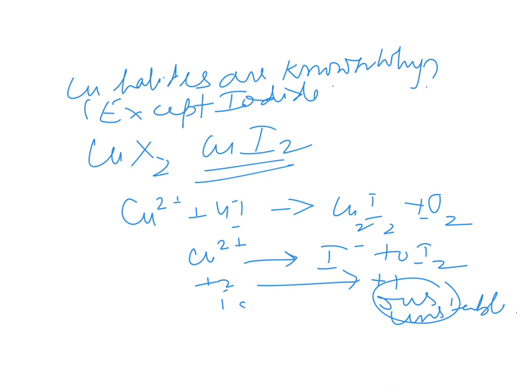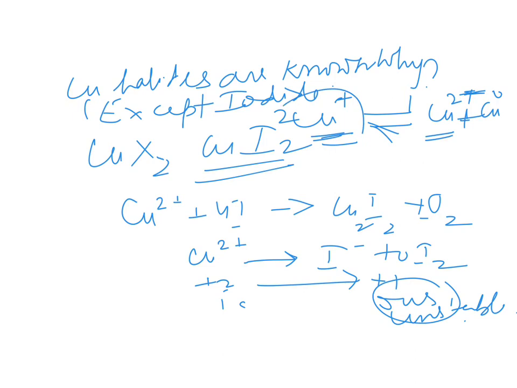Copper, that is, Cu plus is unstable. Why? Because it undergoes a disproportionation reaction, disproportionating to Cu2 plus and Cu0.